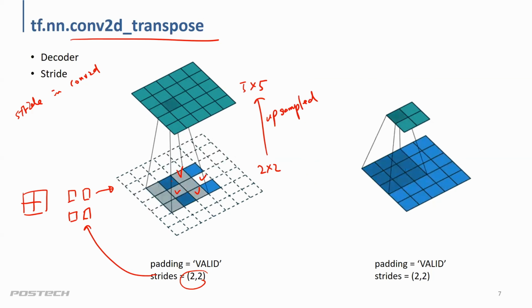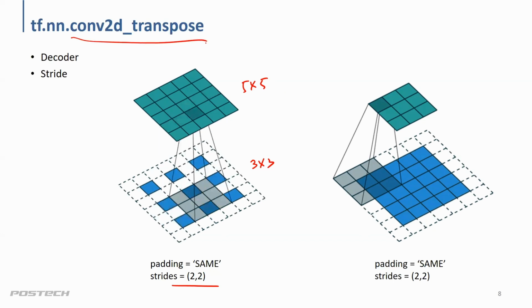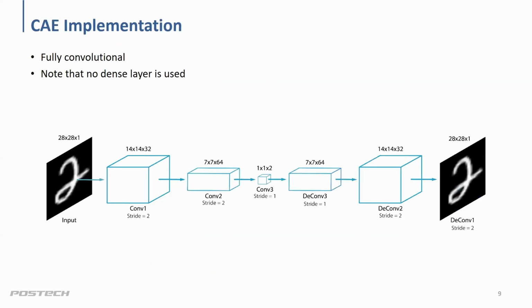And again, it's 3 by 3, and we will get 5 by 5 like that. So in order to implement the CAE, convolutional autoencoders, the idea is that it is fully convolutional.